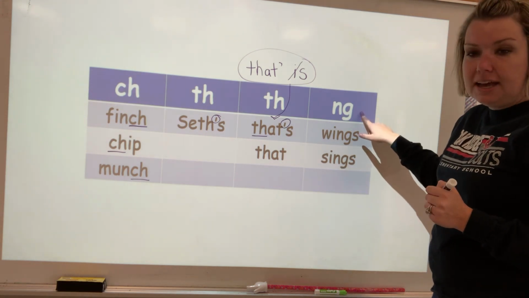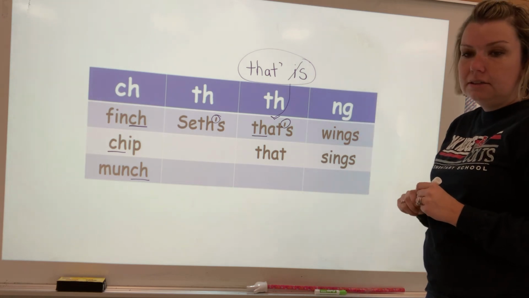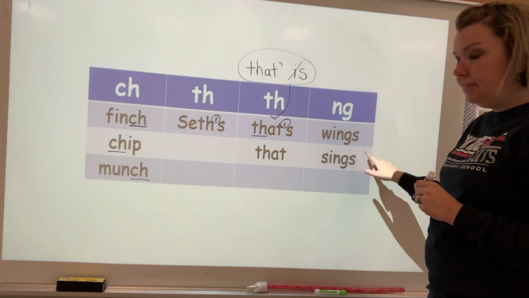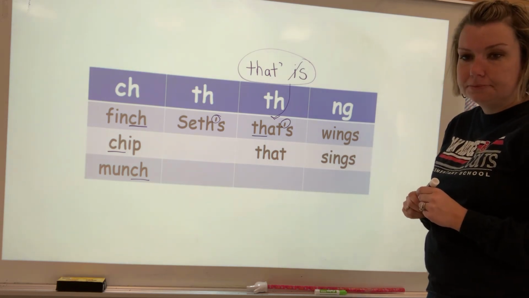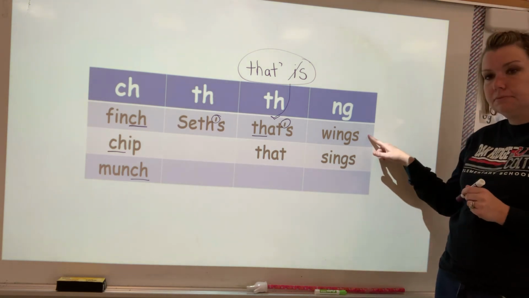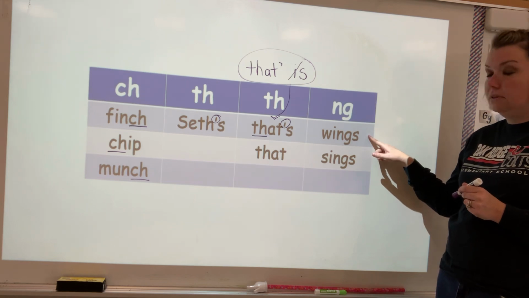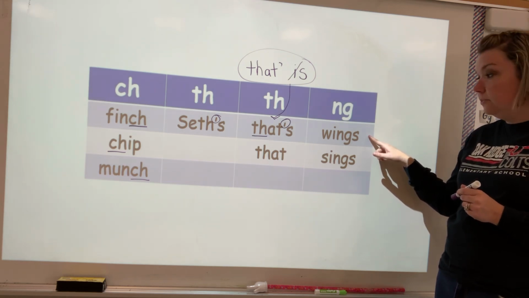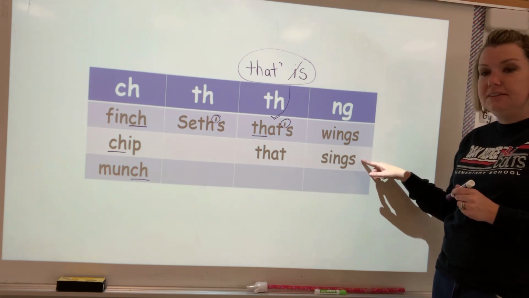Now we have our diagraph, ng. Who can tell me what these 2 words are? Carolyn? Wings. Excellent. And what's this one?